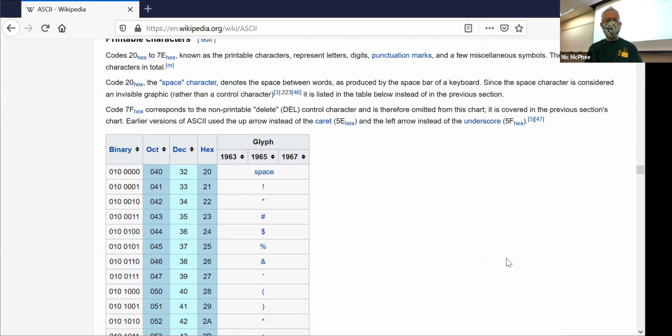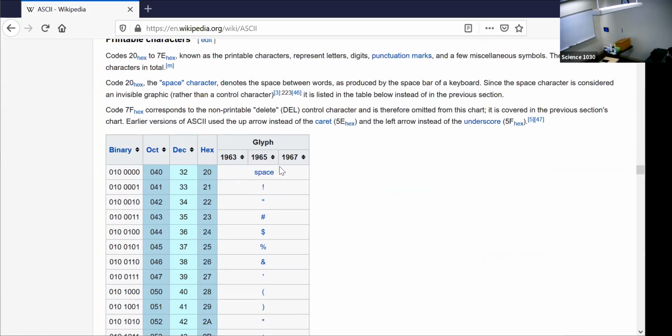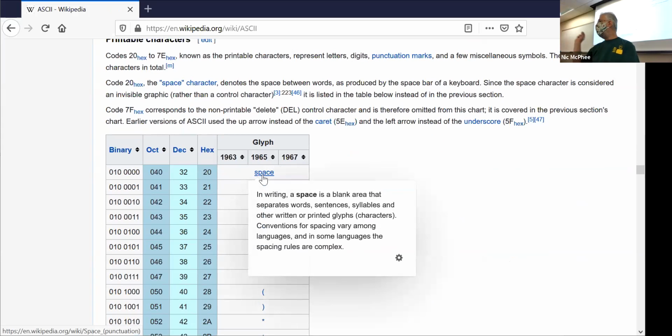Okay, so here's where it gets interesting. So, for example, the space character, and this is really important. People often don't think about the fact that the space character is an actual character. In a text, you would actually have to have a character there. It's not the absence of a character. It is an actual character that says, I am a space, right?